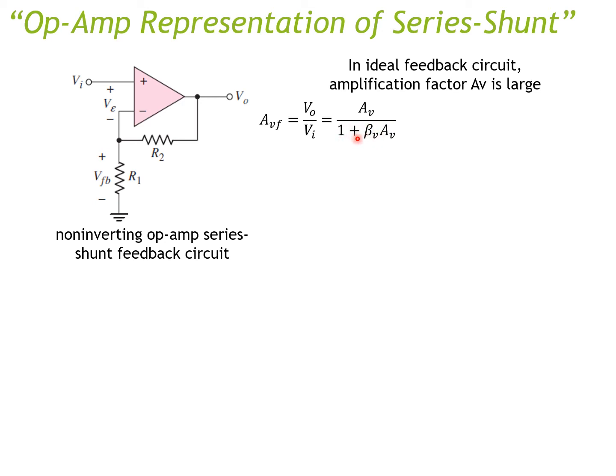Then I can simplify that. I can cancel out the term 1, then cancel out the AV on the top and bottom, so I can estimate my AVF to be 1 over beta.